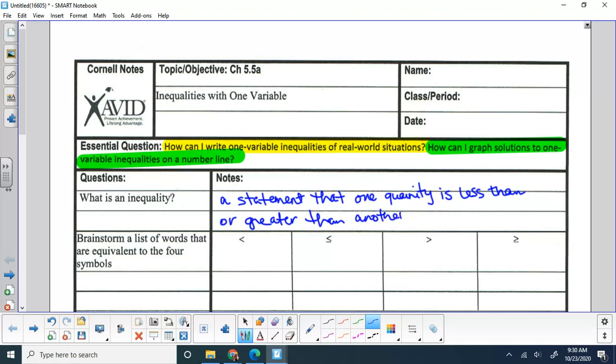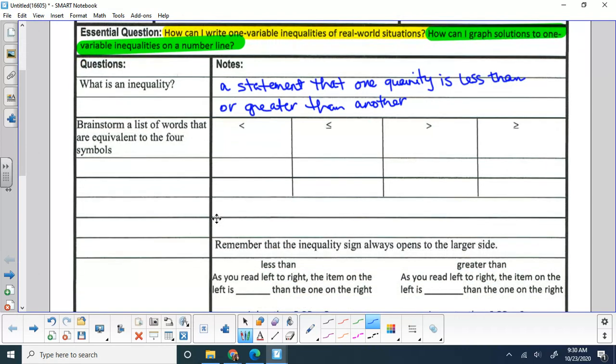Now, the biggest struggle I find that students have with this is that we often get confused about what each of the symbols means and what words could represent them. So here are our four inequalities that we typically use. Words that we can use to describe them are, the first one is less than.